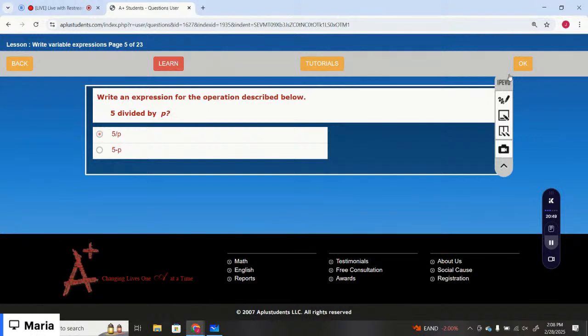Option number 1 is the correct option, that is 5 divided by b.